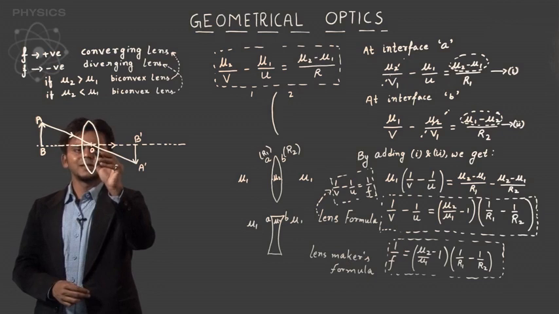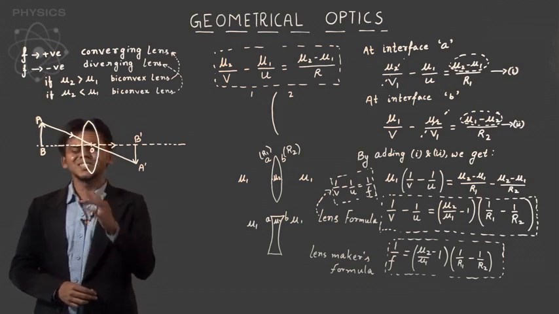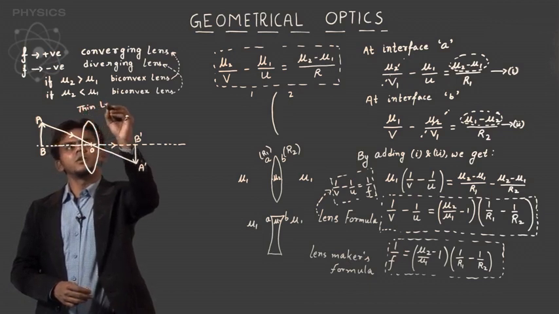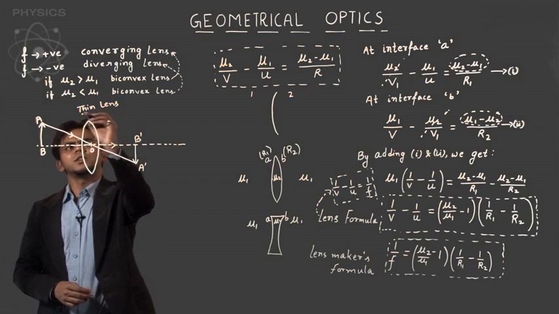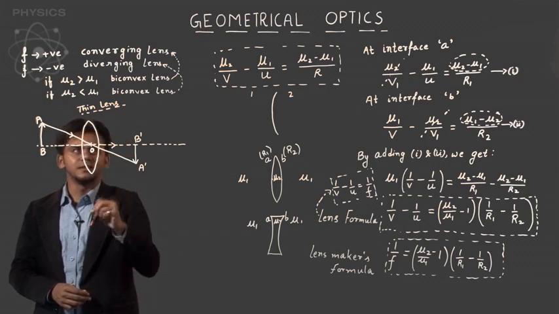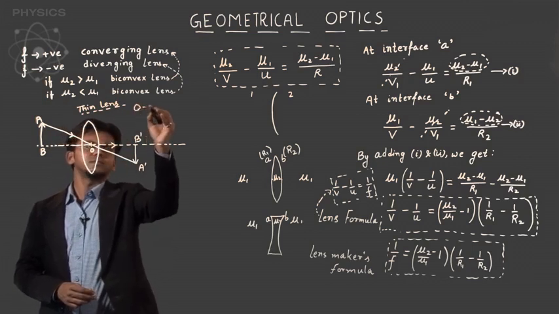O is also known as the optical center, and essentially this is a thin lens, right? Just always remember that whatever I'm doing is for a thin lens. So in a thin lens, this point and this point are all the same. Just mention O is your optical center.